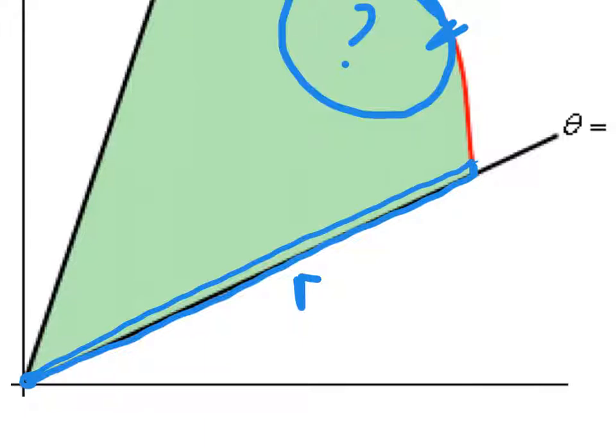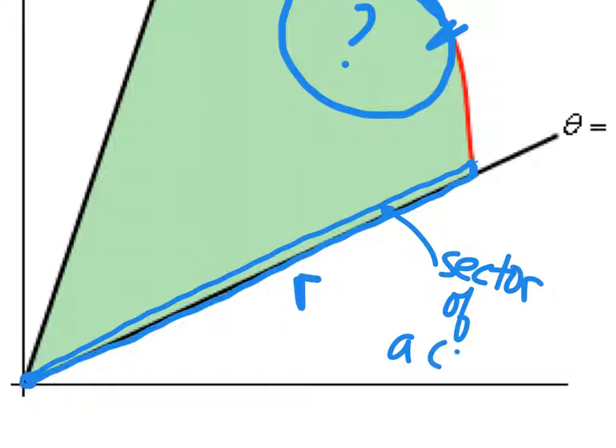right there, which just seems like a rectangle because I can't draw, that would be a sector of some circle. I don't know what the circle would be.